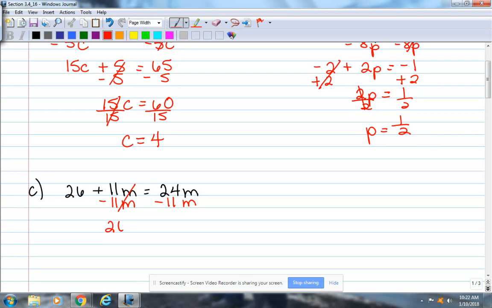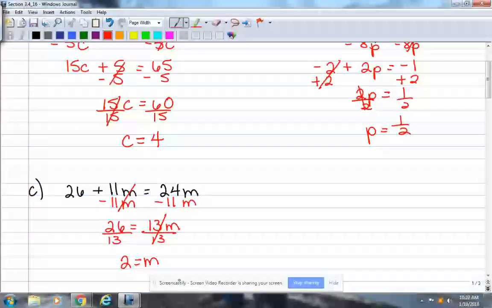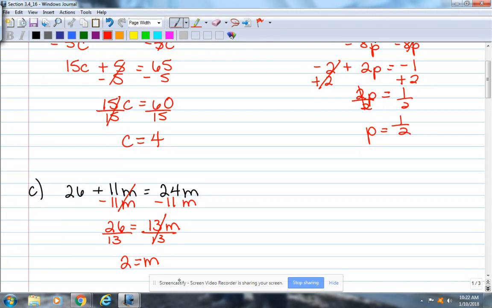And so 26 equals, what is 24M minus 11M? 13M. How do we solve for M now? And what is 26 divided by 13? 2. So any questions on how we do one like that? So if you have a variable by itself, bring everything to that side.